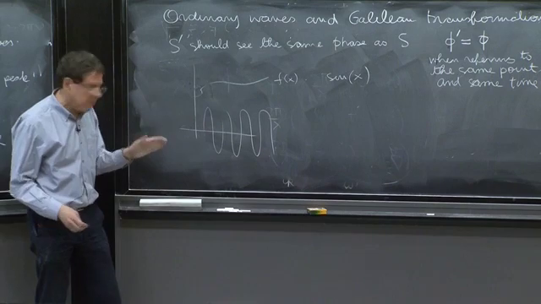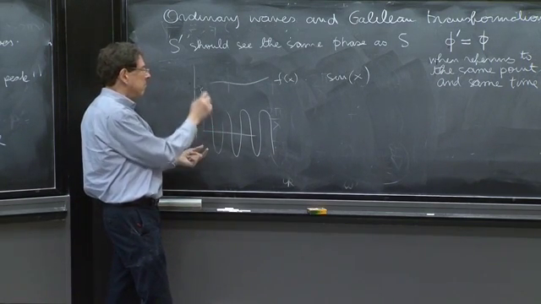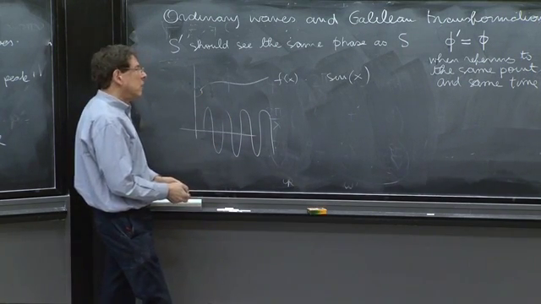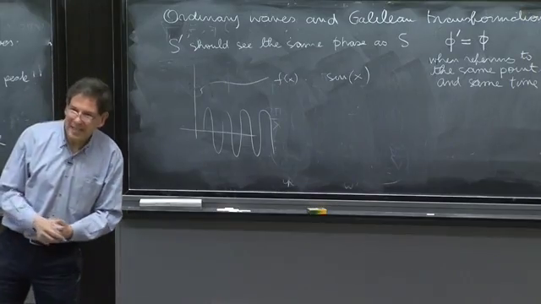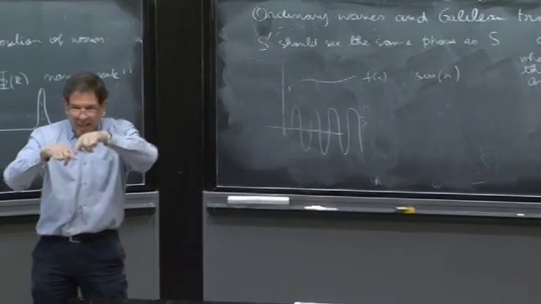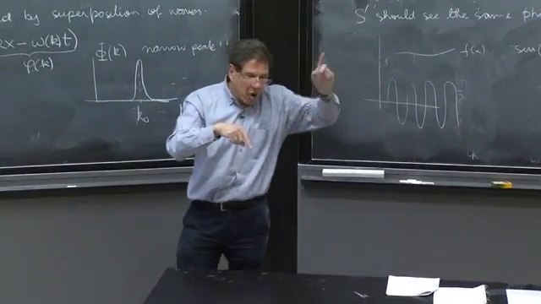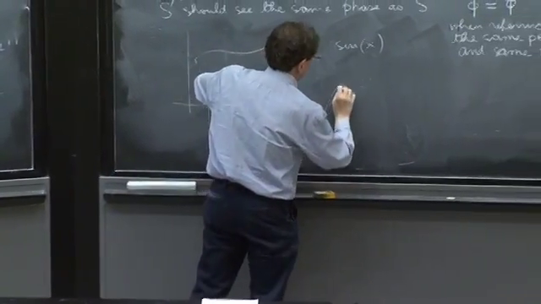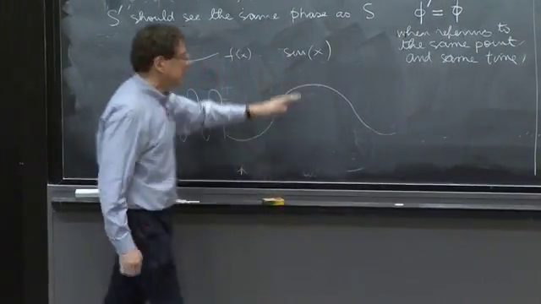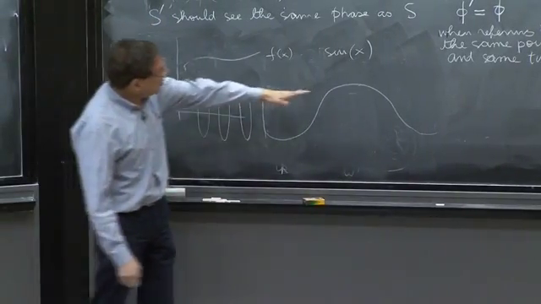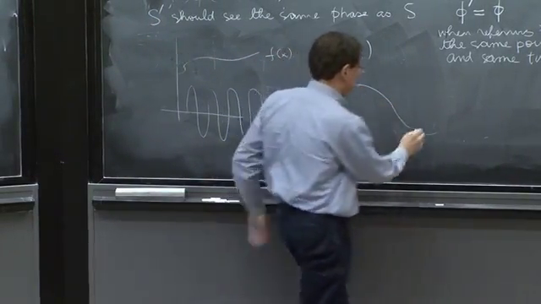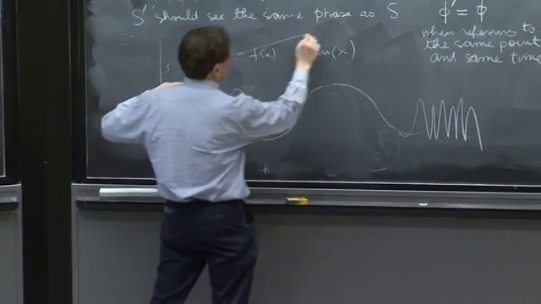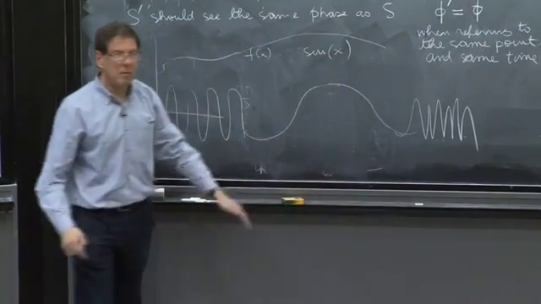Because if it's slowly varying, the up peak and the down peak haven't changed much the function, and they will cancel each other. So the principle of stationary phase says that if you're integrating a function times a wave, you get almost no contribution except in those places where the wave suddenly becomes of long wavelength and the phase is stationary. Only when the wave doesn't change much for a while, and then it changes again, in those regions, the function will give you some integral.